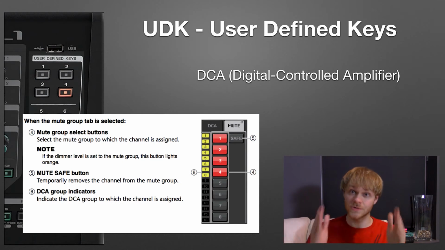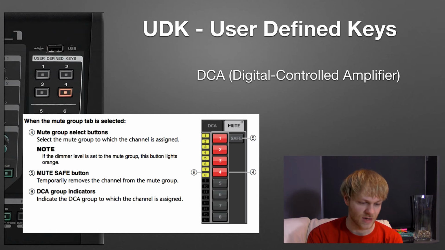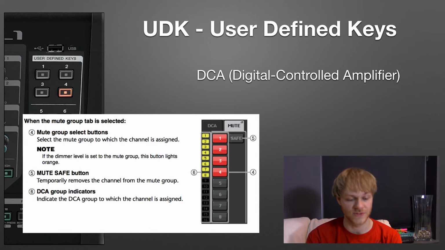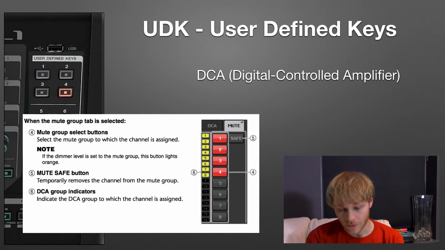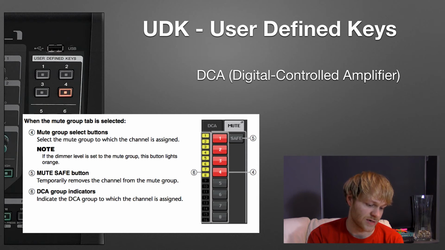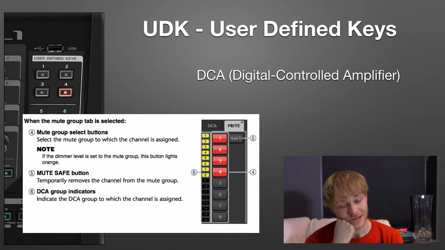Okay, so we have our user-defined keys, which are a big part of the workflow again within this console. Anyway, for example, we can use DCAs, and we can use these as mute groups, which is a very good idea to use within this console.